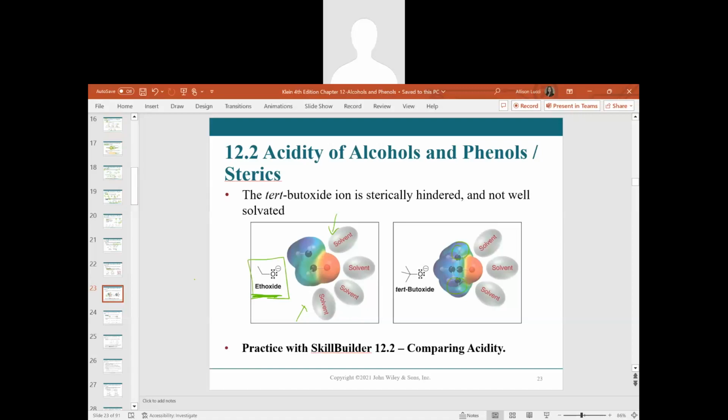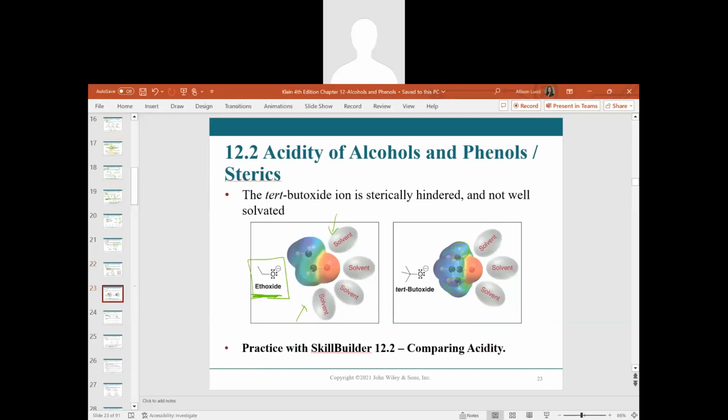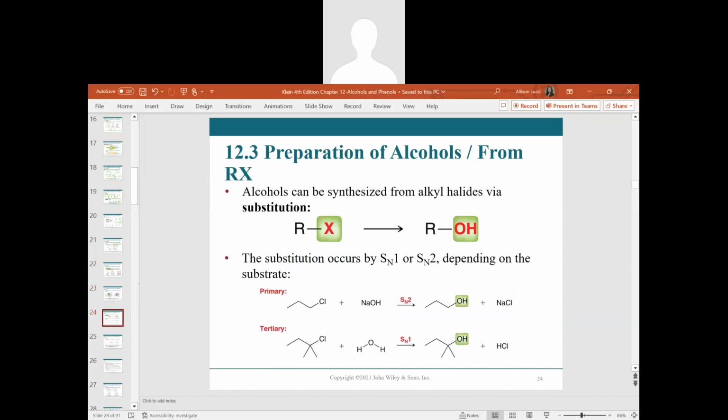So that's why we see that ethanol has a lower pKa value than tert-butanol, and it is due to that solvation effect and the stabilization of the conjugate base for ethoxide. So we'll take a look at how to prepare alcohols from alkyl halides in our next video.